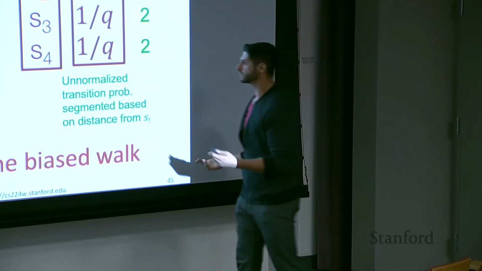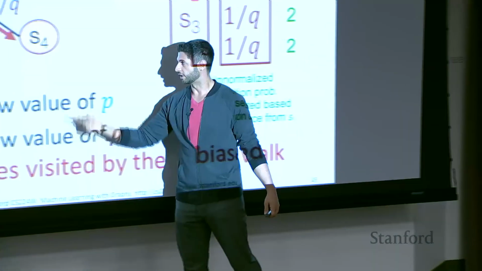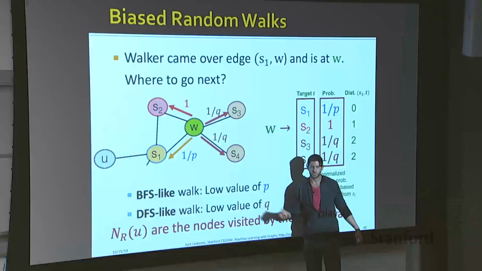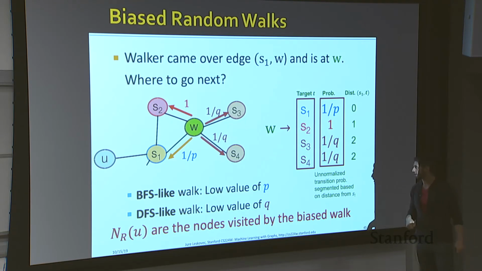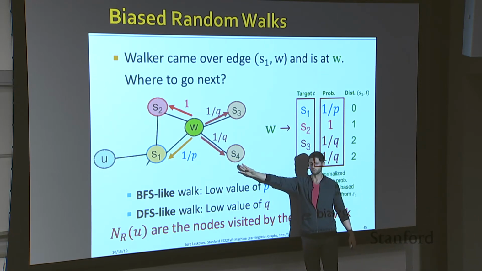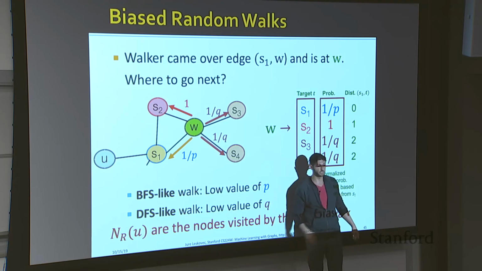And for instance, nothing prevents you from giving an extremely high value to P and making sure that the random walk never goes back, or you can give an extremely small value to Q, and then you're biasing the random walk in such a way that it always tries to explore and perform a DFS in the graph.